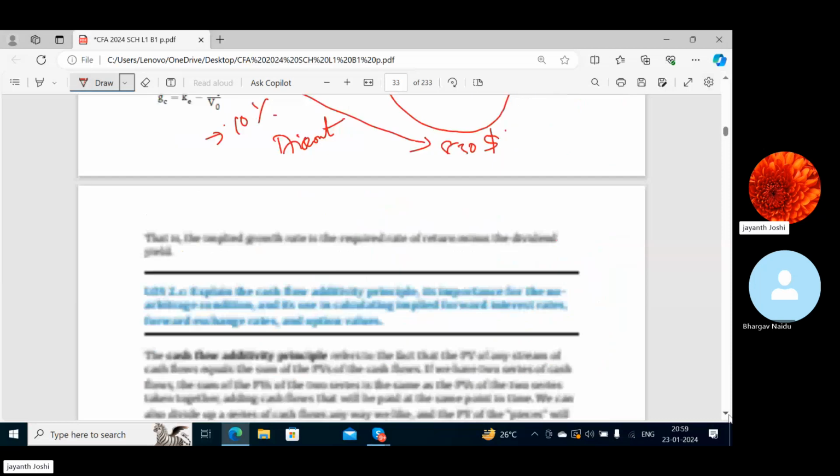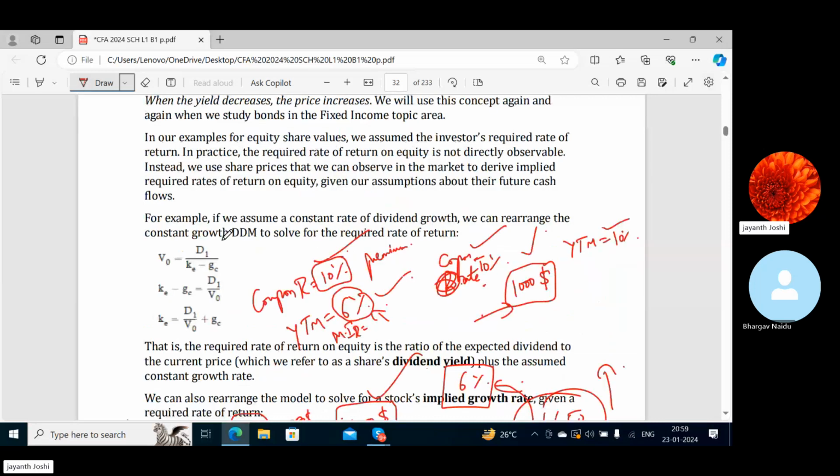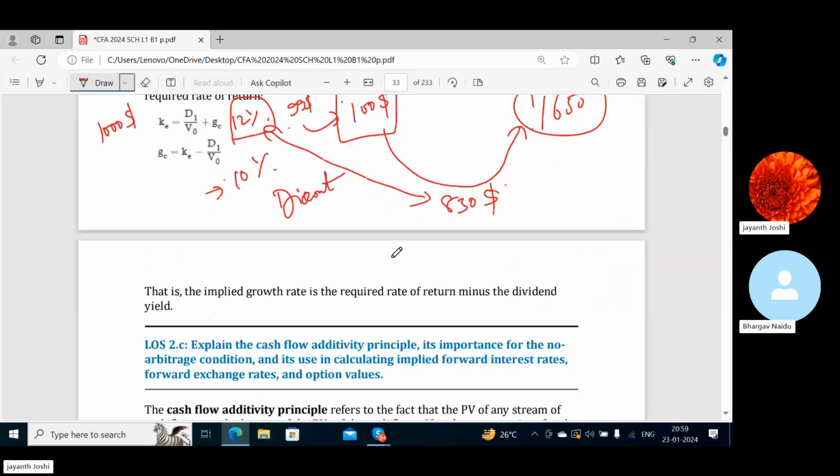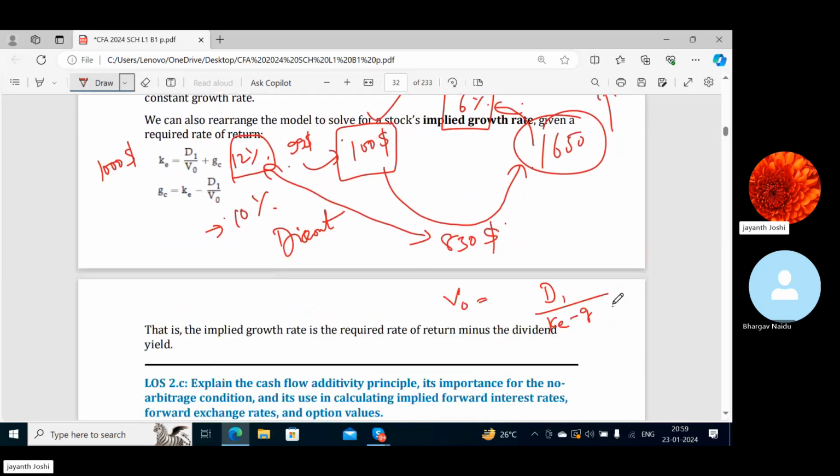We have already discussed the stock price with Gordon's growth model, right? Did we discuss it or not? Yes, sir. We did the constant growth rate, Gordon's model. The share price or value of the stock is nothing but dividend divided by K minus G. With this, you can find out anything, the G value or the K value, with cross multiplication.